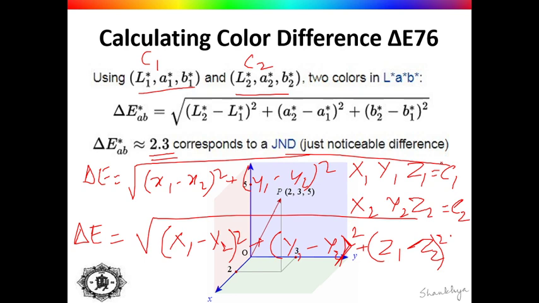It has been said that if the difference between two colors is up to 2.3, then the human eye will not be able to perceive the difference between these two colors, right? So if it is nearly 2.3, you will not be able to identify or distinguish between the two colors. If it is 2.4, you will be able to identify the color.